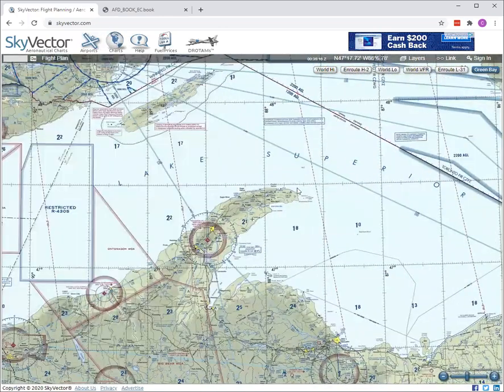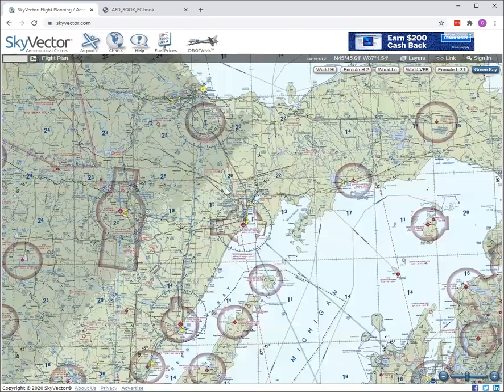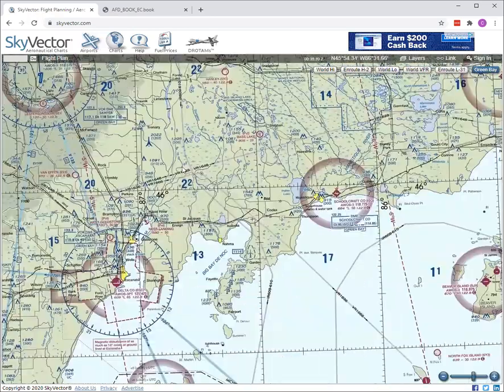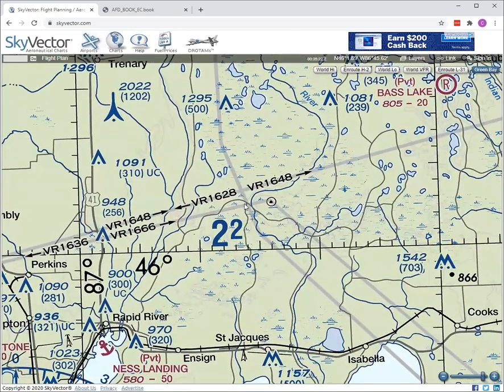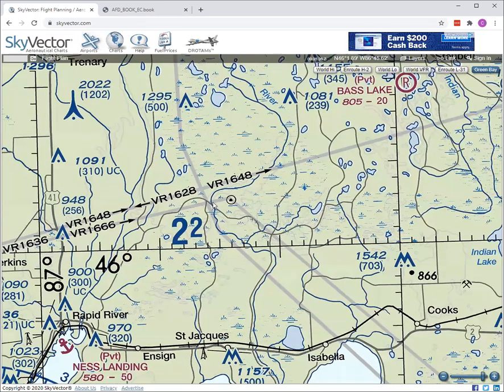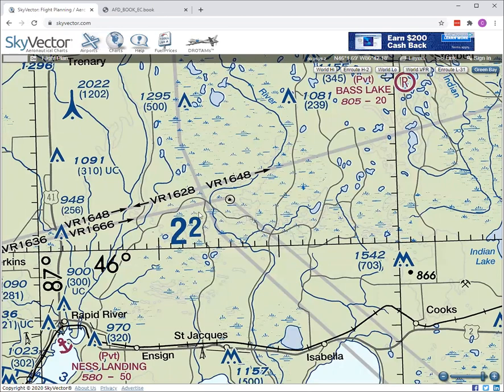All right. I think the only other thing we didn't talk about was military training routes. There are two different types of military training routes. There are these, which are VR, and then there are another kind, which are IR.